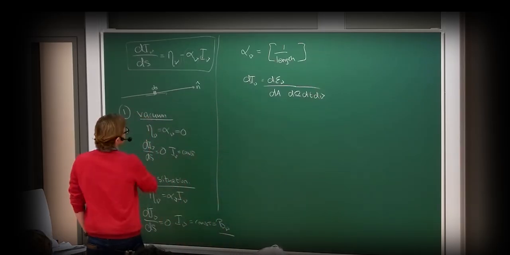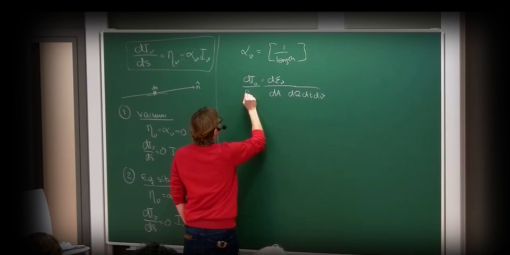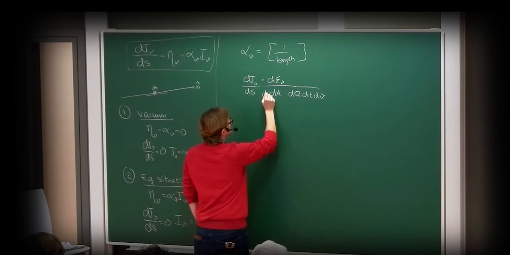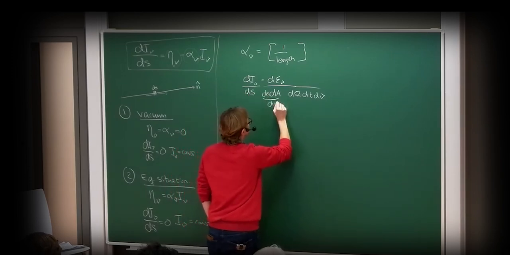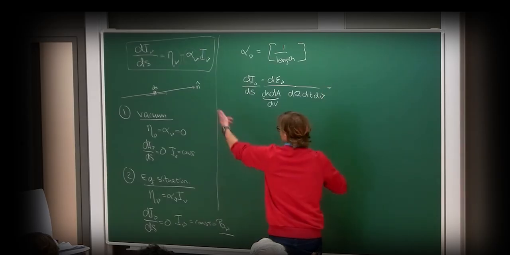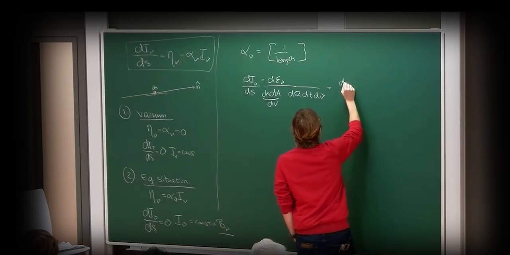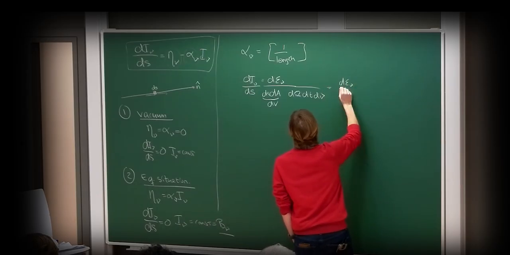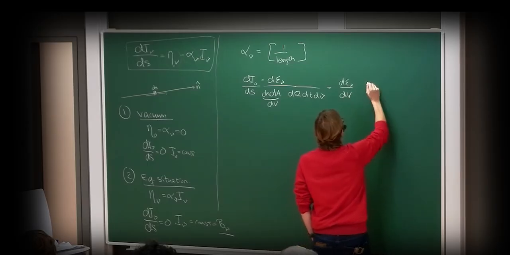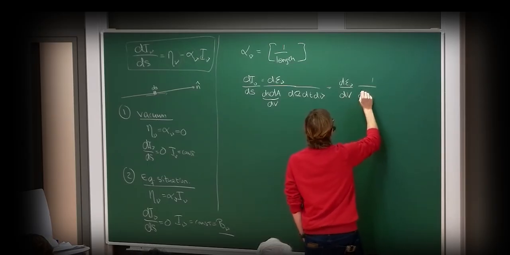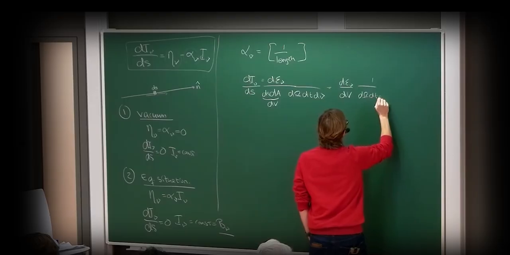So now if we just derive this by ds, we get a volume element around the beam, so that this is just then the dV, and then 1 over dt d nu.